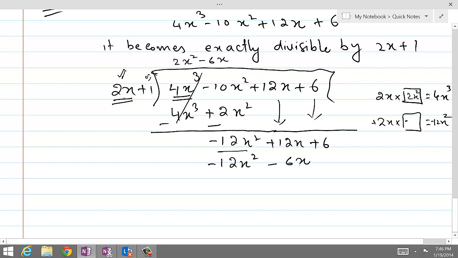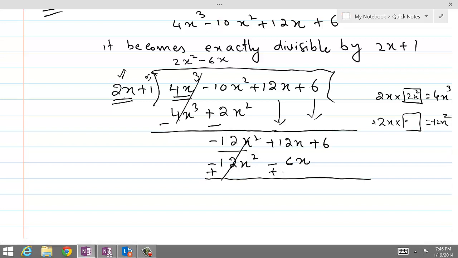And I am going to align both the terms which involve x. And now change the signs here. This will cancel out, and plus 12x, and this will be plus 6x now. And 12x and 6x will become 18x, and plus 6.